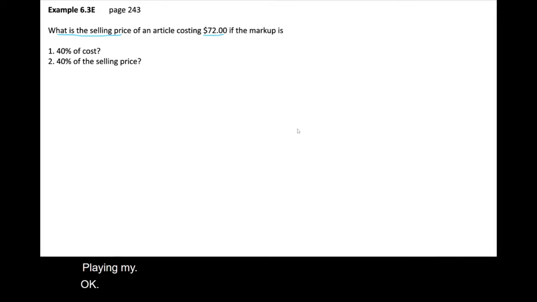Okay, let's do it. First, I have cost and I know that markup is 40% of cost, right? So 0.4 times 72 is 28.80.